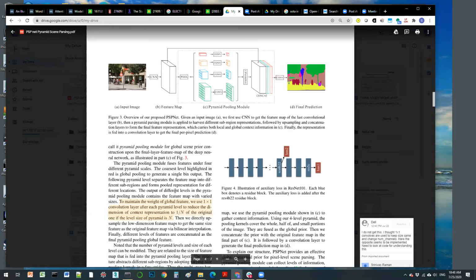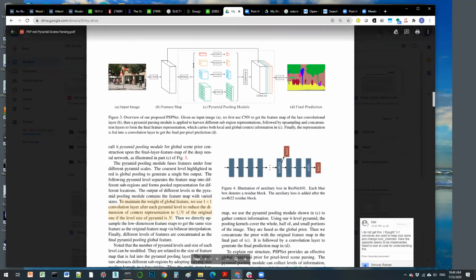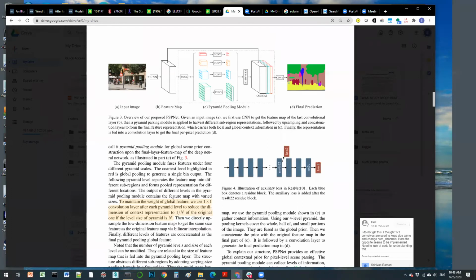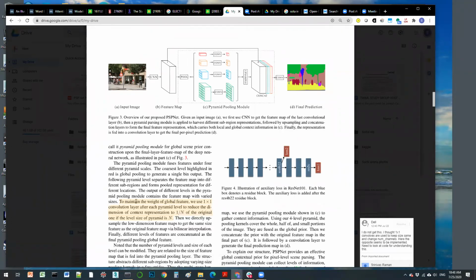Then there are different levels of the pyramid pooling module with varied sizes, and those are the 2 by 2, 3 by 3, 6 by 6 that I talked about. This is the part where I was originally confused. The words threw me, so I'll explain what I understood them to mean, and correct me if I'm wrong.